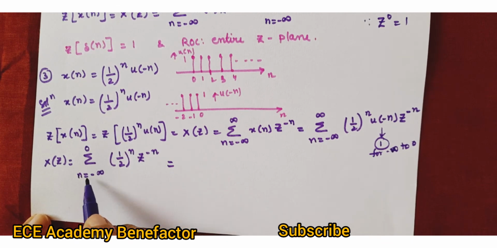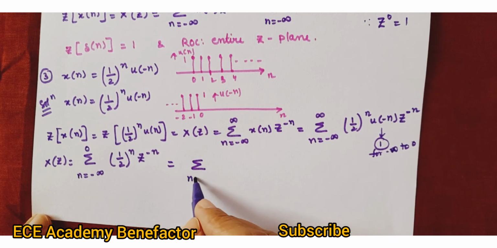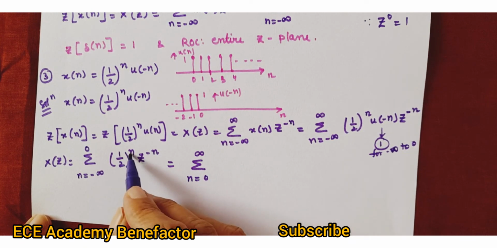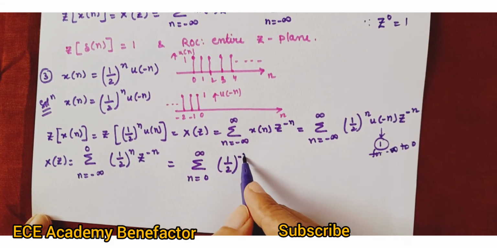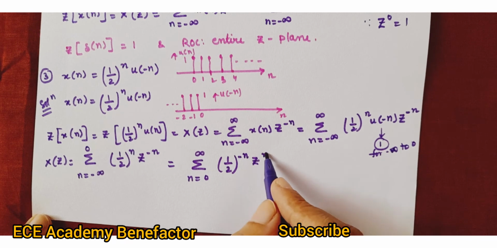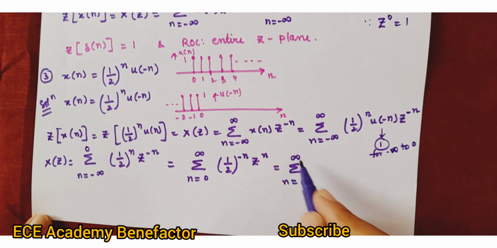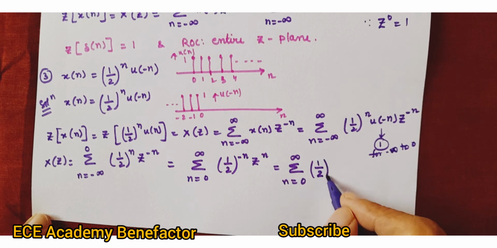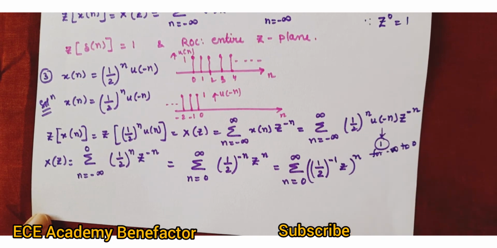Okay. So, here we should get the limits from 0 to infinity. So, change it to n is equal to 0 to infinity, change the powers, it will become minus n and it will become plus n. 1 by 2 to the power of minus n z to the power of n, which is equal to summation n is equal to 0 to infinity, 1 by 2 to the power of minus 1 z the whole to the power n.